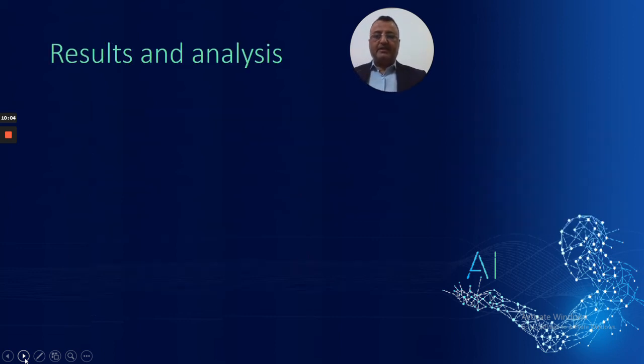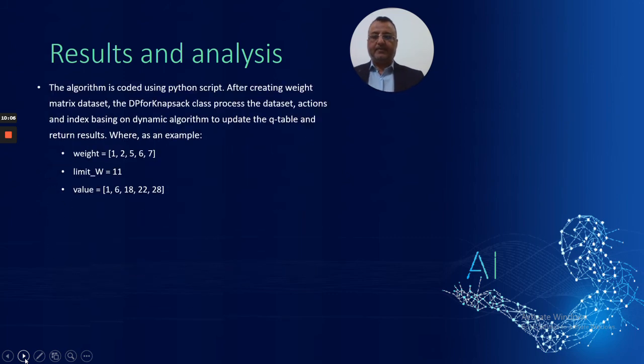So, result and analysis. The algorithm is coded using Python script. After creating the weight matrix and data set, the dynamic programming knapsack class processes the data set, action and index, passing on the dynamic algorithm to update the Q table and return results.